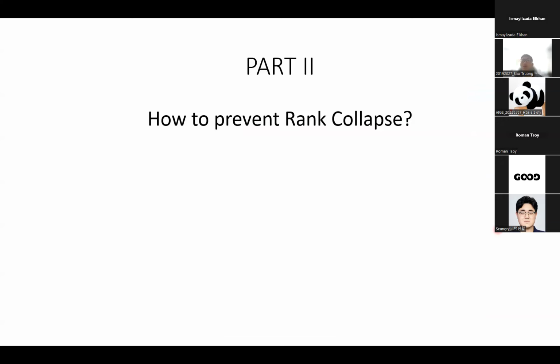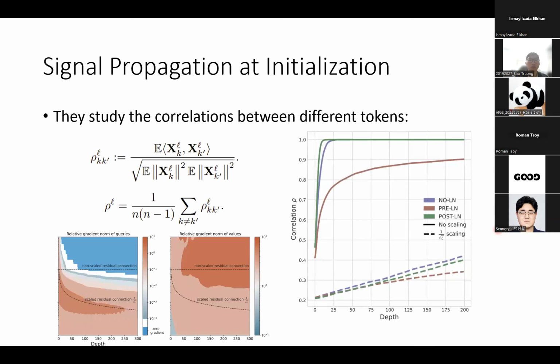We now turn our attention to the study of the skip connection in the transformer. I would remind you that some previous work showed that simply adding the skip connection will prevent the rank collapse. So they study the correlation between different tokens.